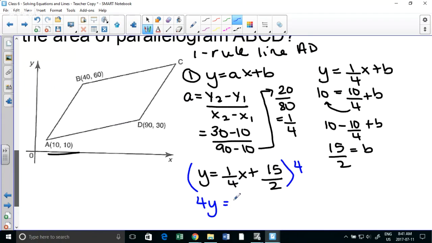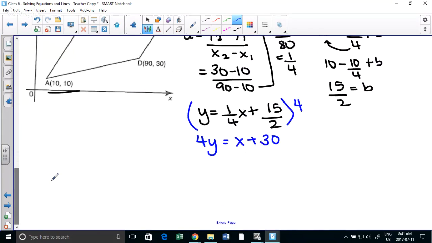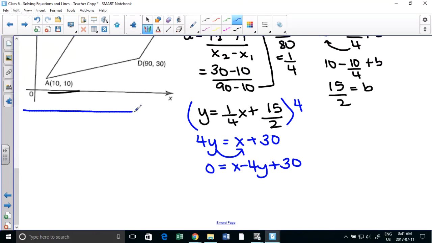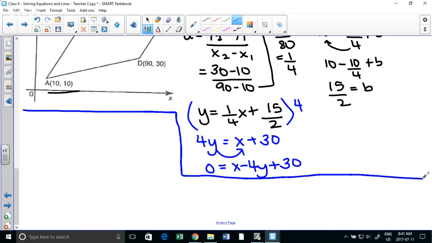This 4 cancels out here, so that just leaves me with x. 4 times 15 over 2 is 60 divided by 2 is 30. I almost have general form, so I'm going to move this over. That gives me general form. That was step 1.